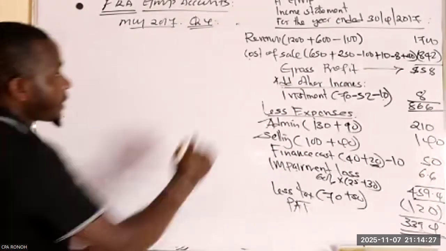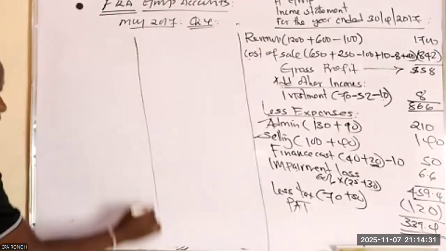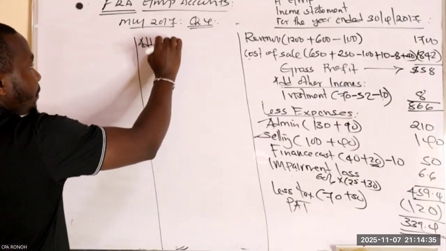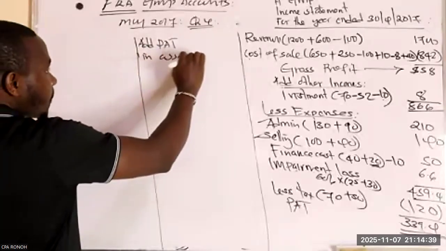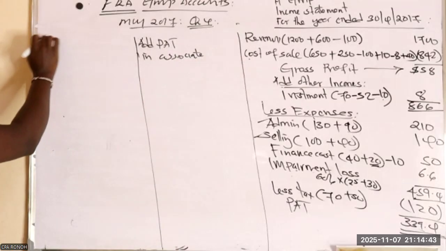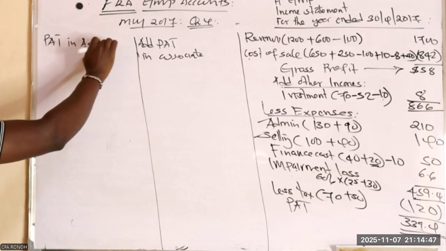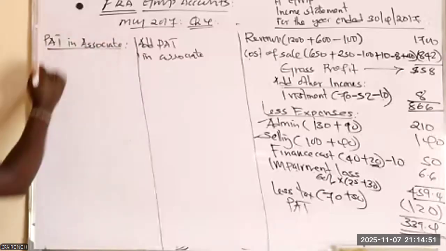Control so that I can have at least a space here. So I will say add in associate. So let's get that profit in associate.